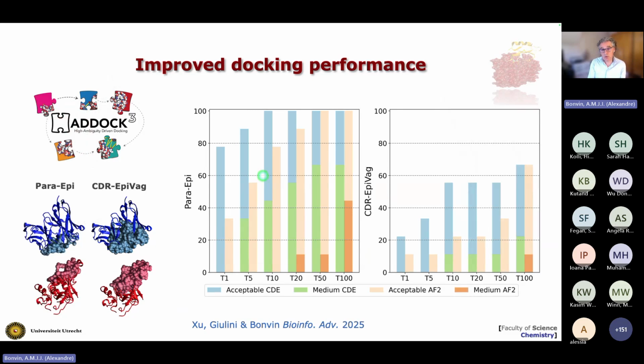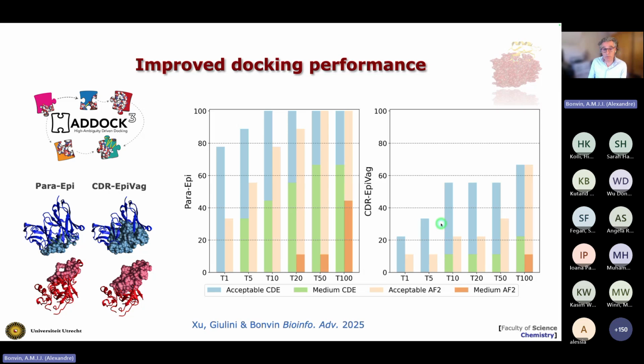So the orange is what you will be getting if you take straight the AlphaFold prediction, and the blue and green, where blue is acceptable quality and green is medium quality, is what you are getting if you're doing this AlphaFlow based approach, and you see that we are increasing indeed the success rate. But if you have much less well-defined interfaces, which is the right side, you see that the performance is still limited and our scoring is still not stellar.